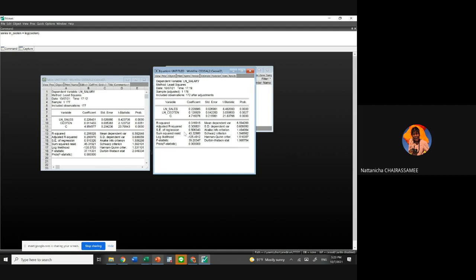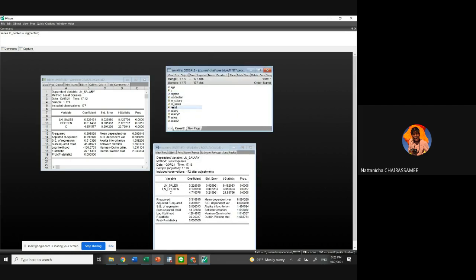And the second reason is that a CEO tenure equal to 0 means they have been working for less than a year, so it is counted as 0.